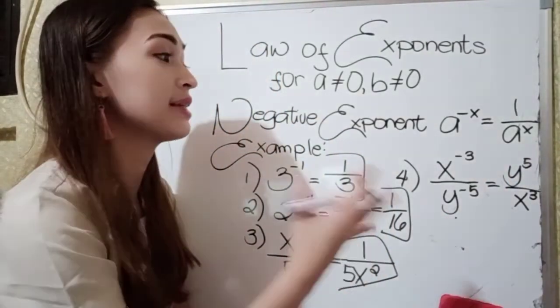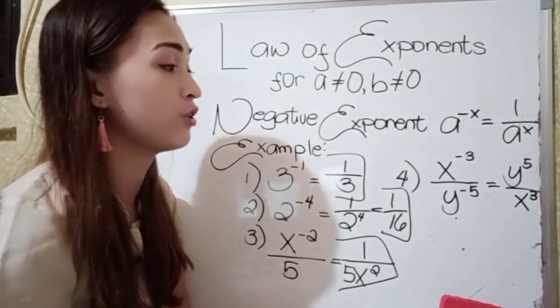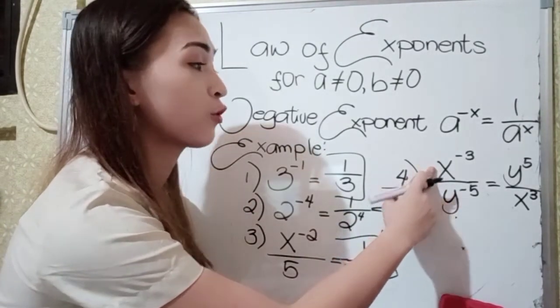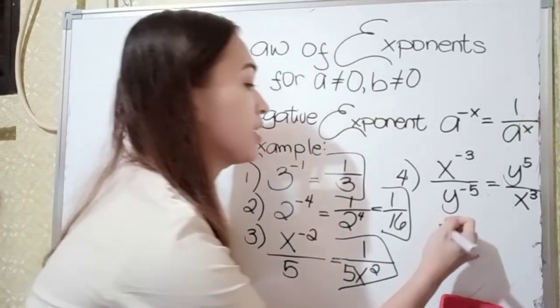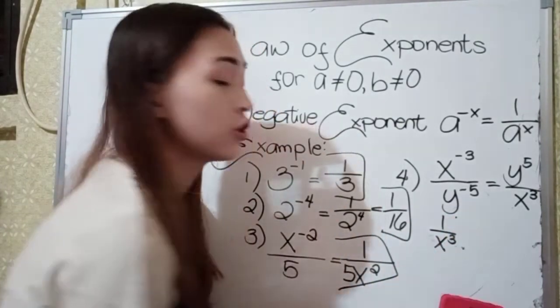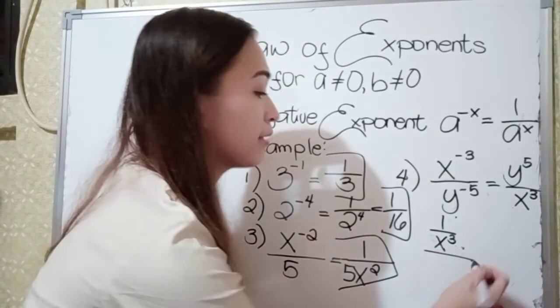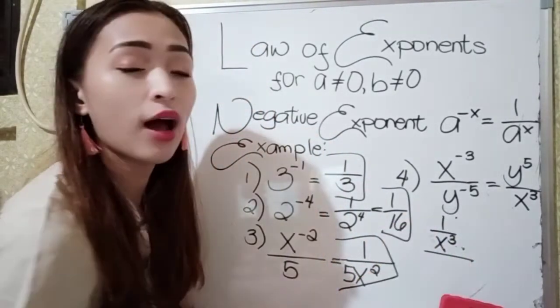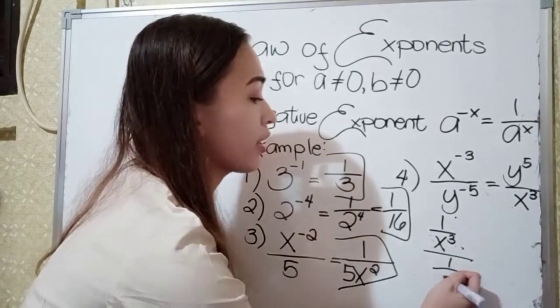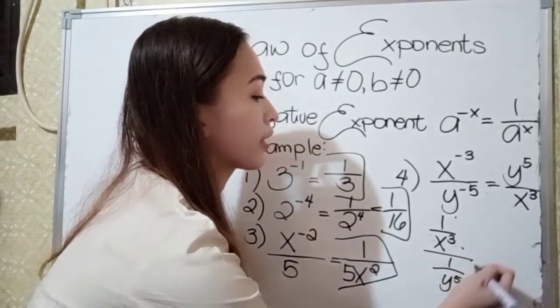By the way, that is the shortcut. In the long method, what is the reciprocal of x raised to negative 3? That is 1 over x cubed, divided by the reciprocal of y raised to negative 5, which is 1 over y to the 5th power.